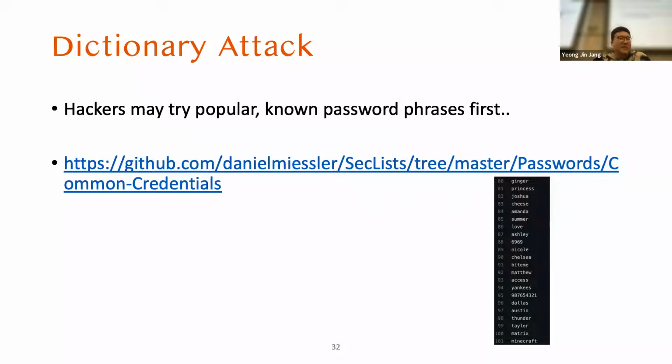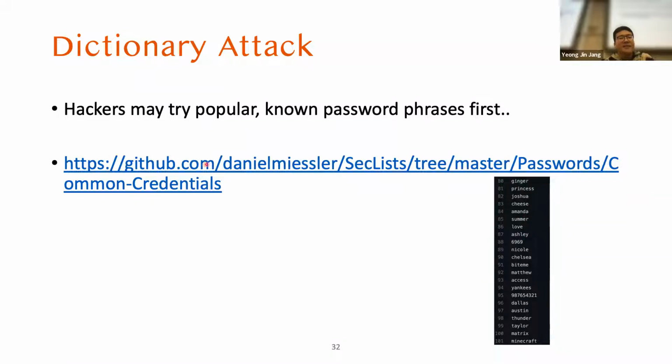Attackers may use a dictionary corpus of passwords from known password phrases and popular words, and then mix and match those words to generate the password. Then the search space is definitely not 2 to the 256. It's a combination of viable words, so we can reduce the search space drastically.